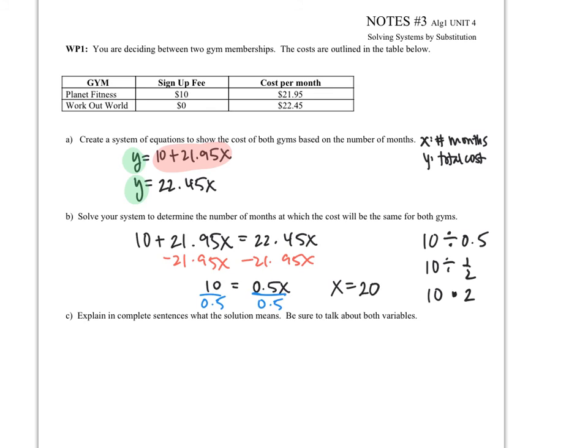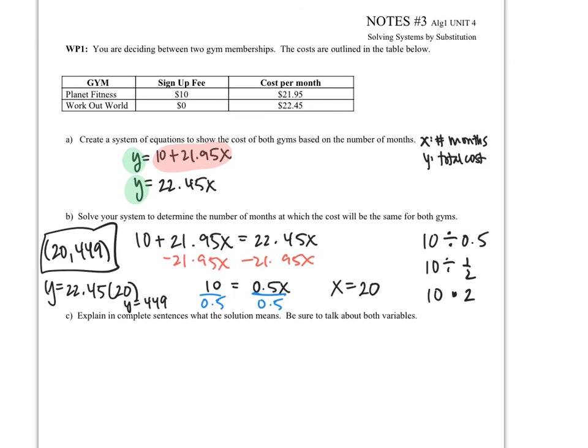Now if x were to equal 20, I can then plug that back in to where my x is to figure out what my cost would need to be, and so I could do y equals 22.45 times 20, and that would be 449. And so that means my solution to this system is 20, 449.